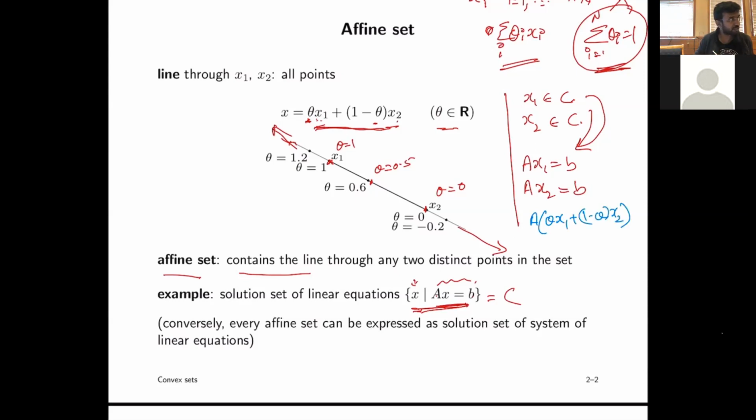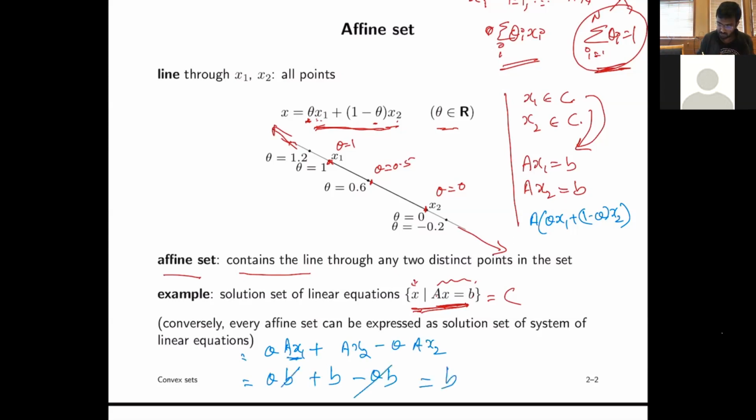If this is B, it's a part of the set, right? So how do you continue? Theta into Ax1 plus 1 minus theta into Ax2, so Ax2 minus theta into Ax2, right? What is Ax1? This is B. This is theta into B. Ax1 is B, plus Ax2 is B, minus theta into Ax2 which is B. So this term gets cancelled and the answer is B.